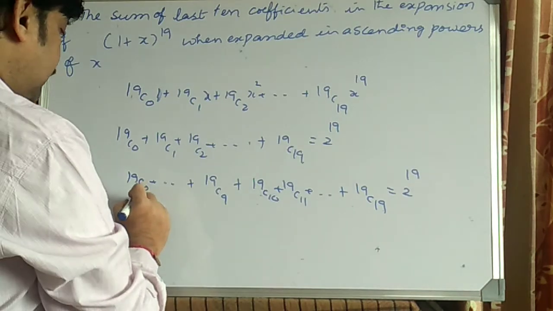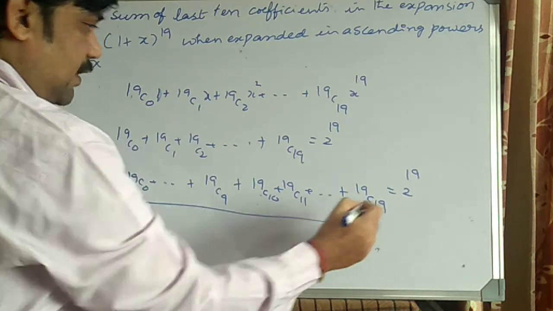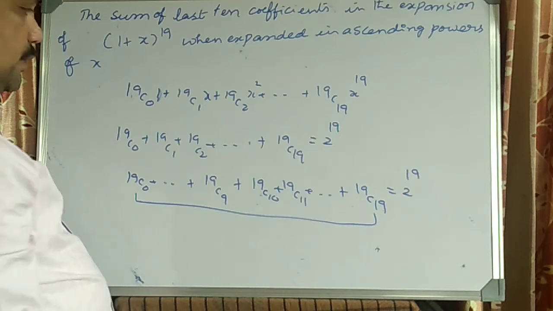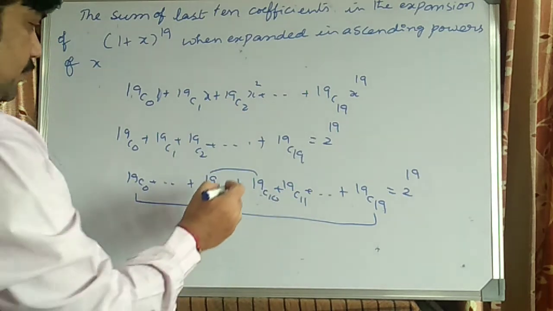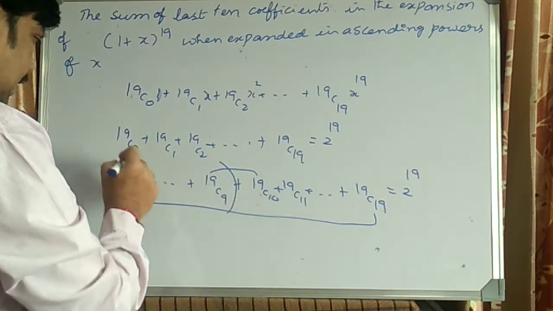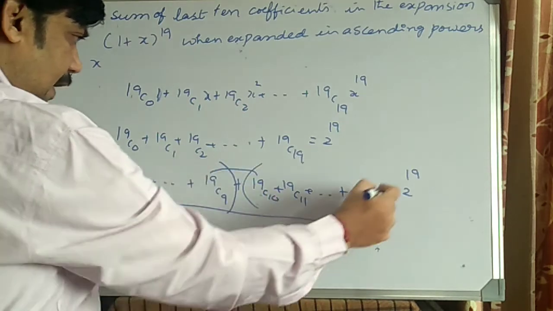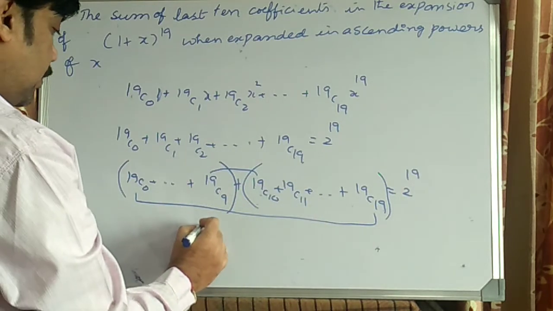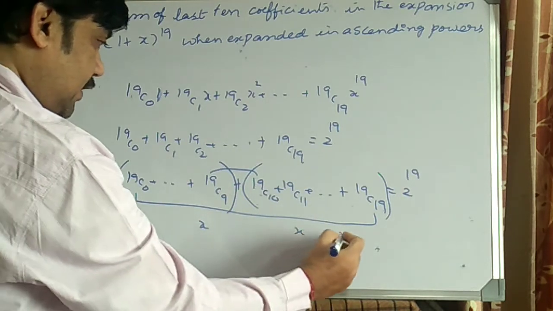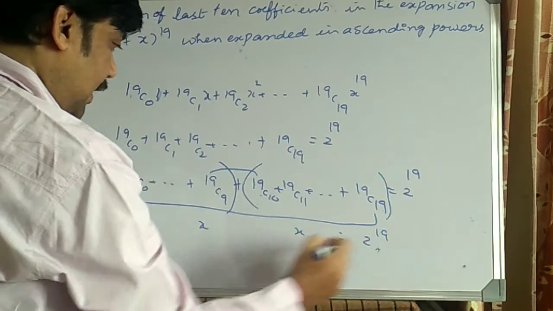Now if you observe, the first term and the last term are equal, so in the same way all the 10 terms are replaced. So if I put a bracket till here, this bracket and this bracket both are equal terms. So I have x plus x is equal to 2 to the power 19.